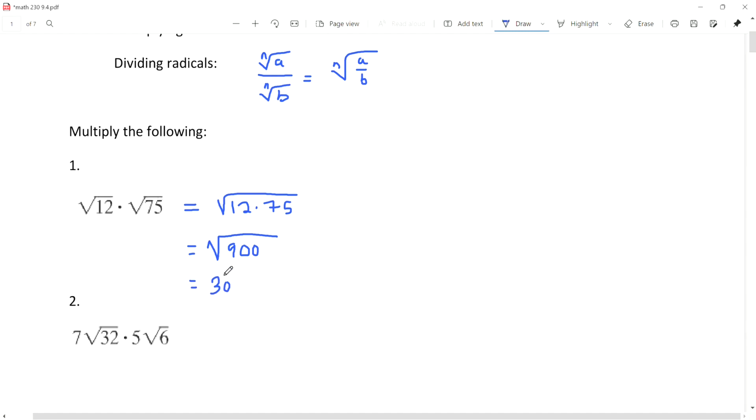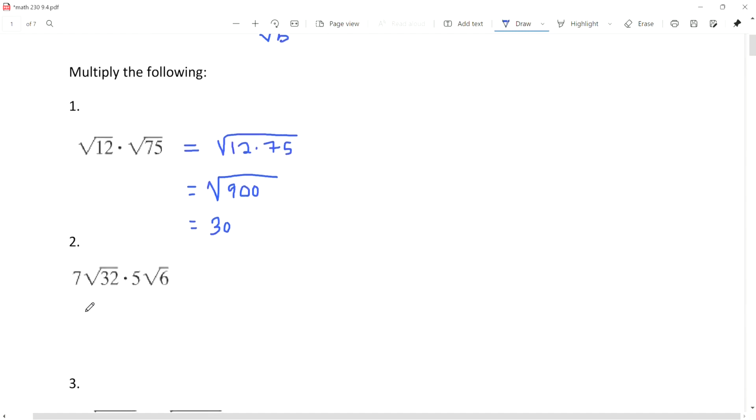Let's look at our second example. We have 7 times the square root of 32 times 5 times the square root of 6. To do this, we'll multiply the 7 times the 5, and that's going to give me a 35. And the square root of 32 times the square root of 6 is the same as the square root of 32 times 6.